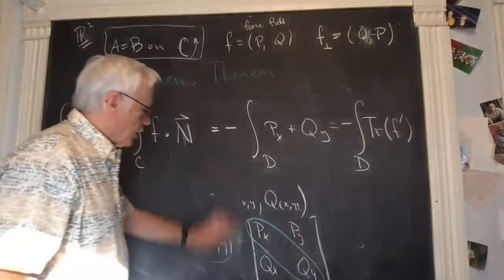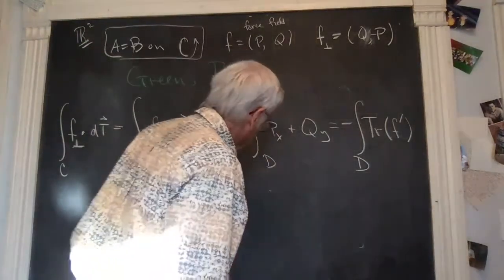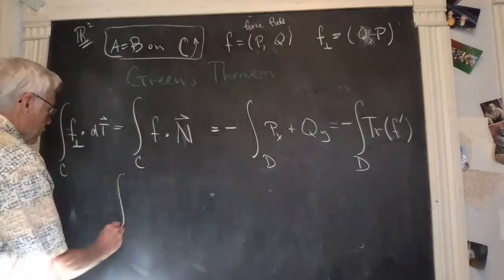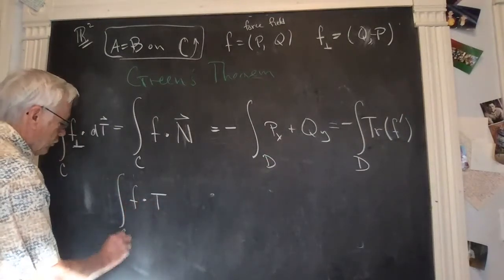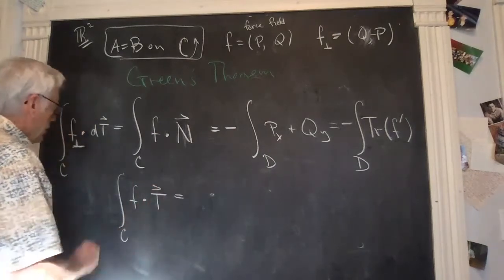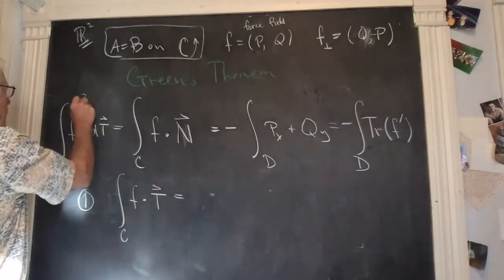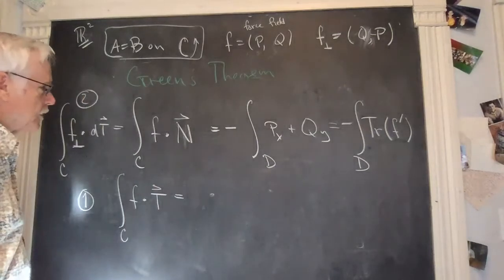If we look at the other one, it's similar. So if you look at the integral of f dot t over C, this is the number one we just dealt with a second ago.